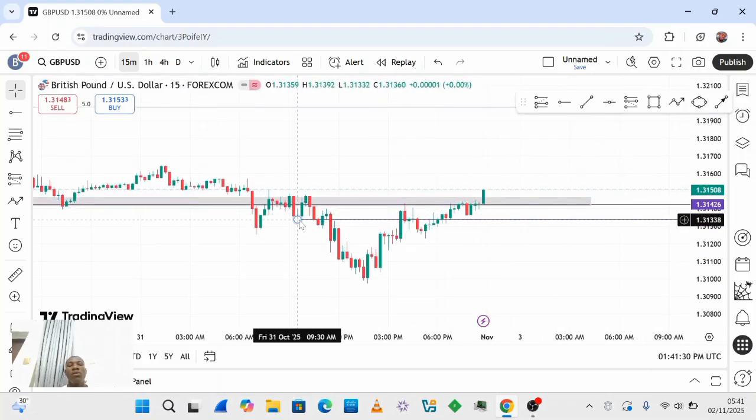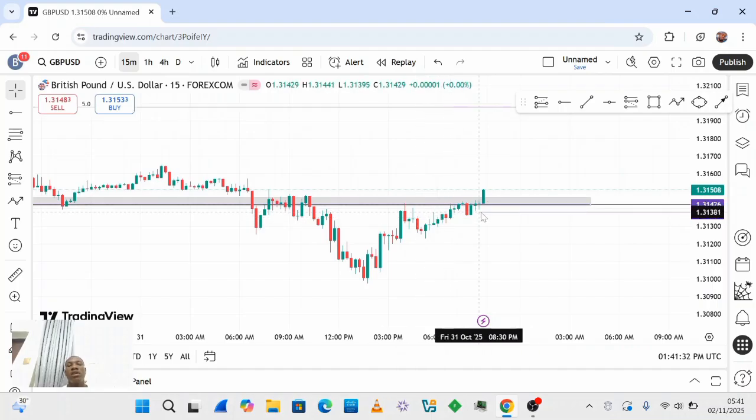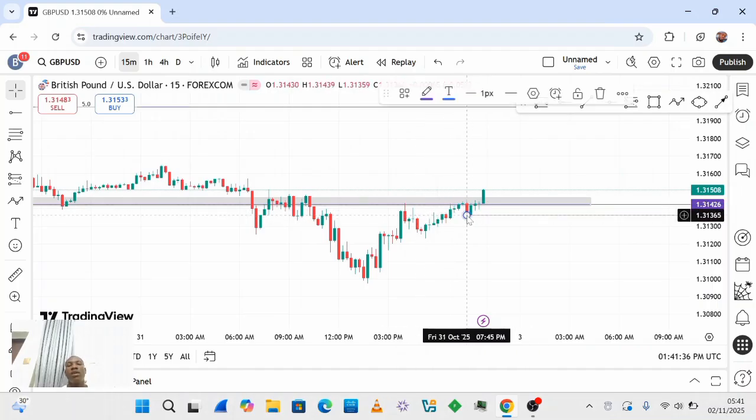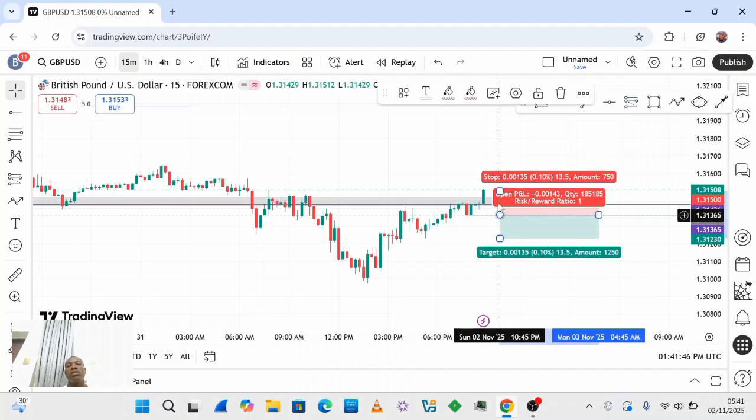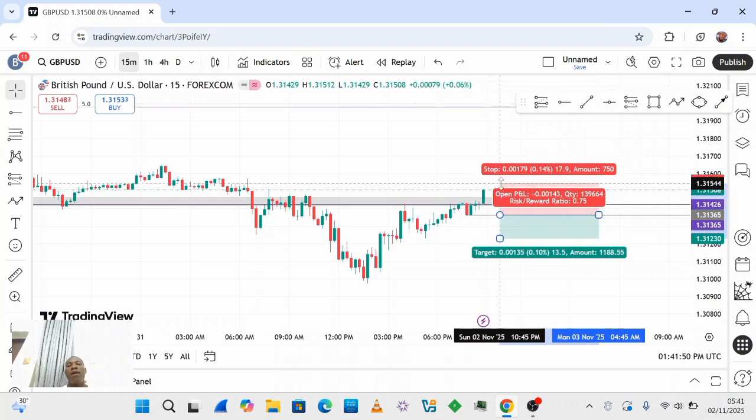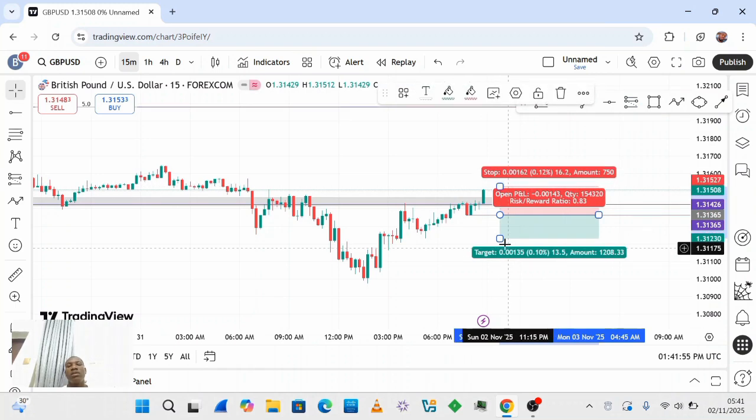So if the market returns to this level now, I'll wait for the price to break below here. Once it breaks below here, I'll be looking to short again on GBP USD. This is it, and my stop loss will be above whichever place it went before coming down.